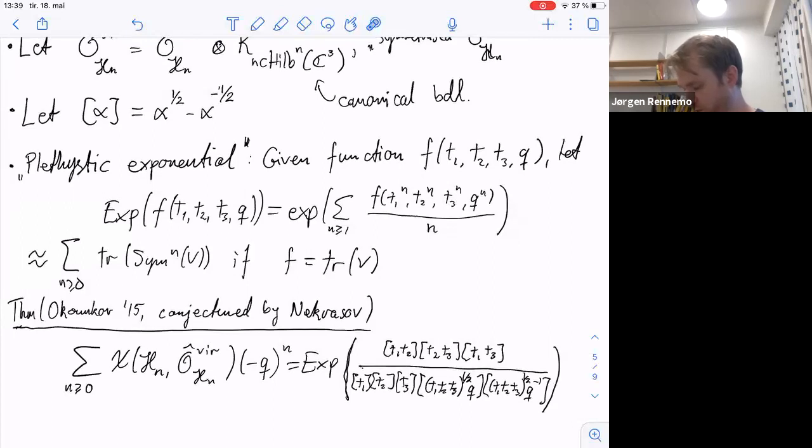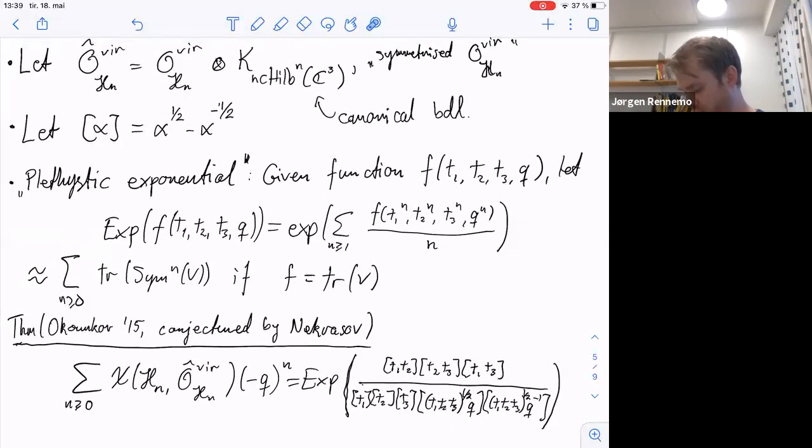If you make sure you treat this symmetrized virtual structure sheaf instead of the straightforward one, then this has a computation which has a very natural form. It is the plethystic exponential of a very simple rational function.